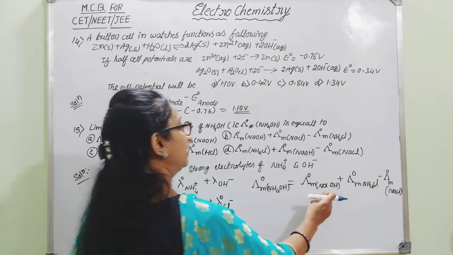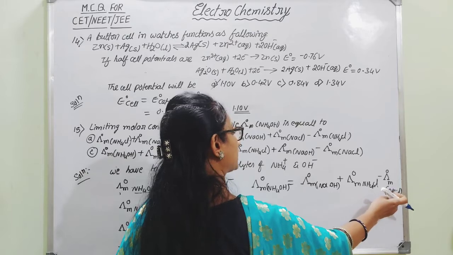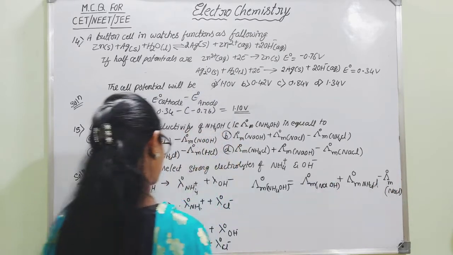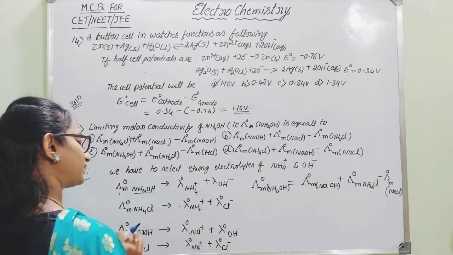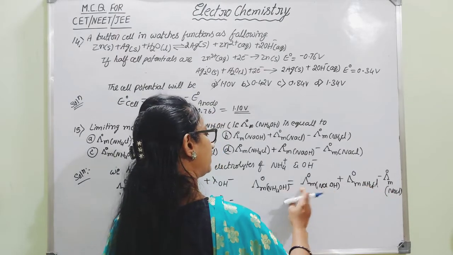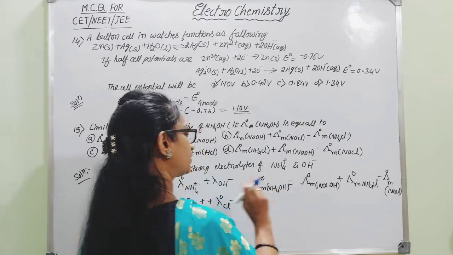We are adding Na plus and subtracting Na plus, so it cancels. We are adding Cl minus and subtracting Cl minus, so Na plus cancels and Cl minus cancels. So that is exactly equal to lambda m naught of NH4 plus and lambda m naught of OH minus.